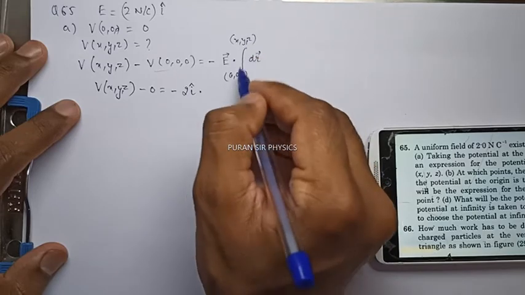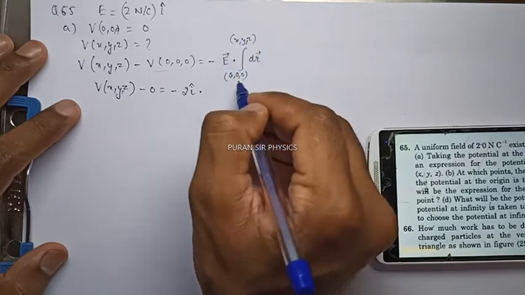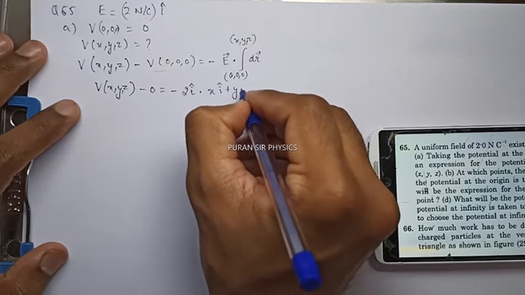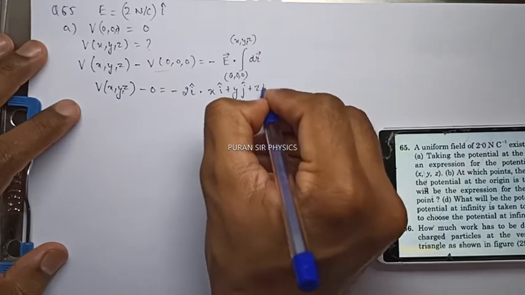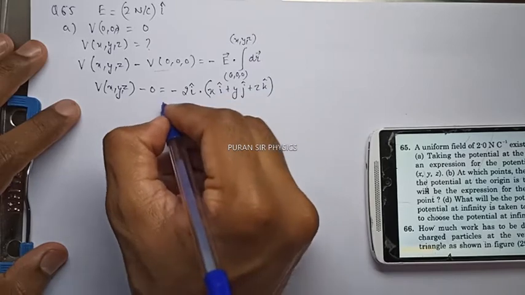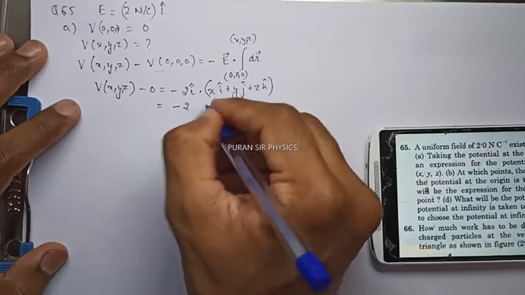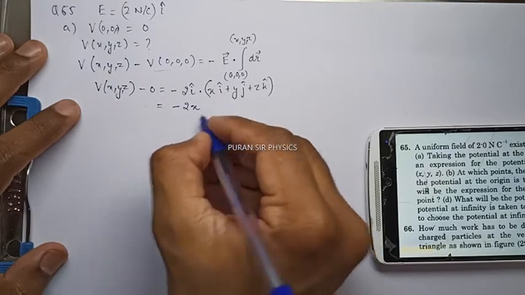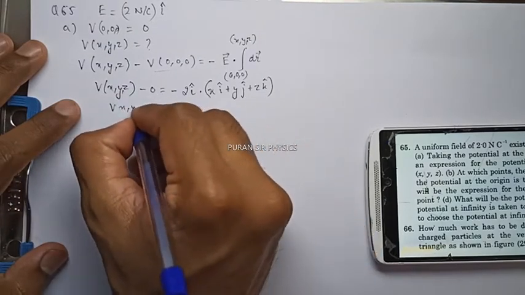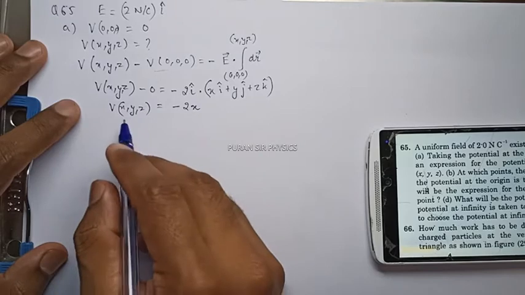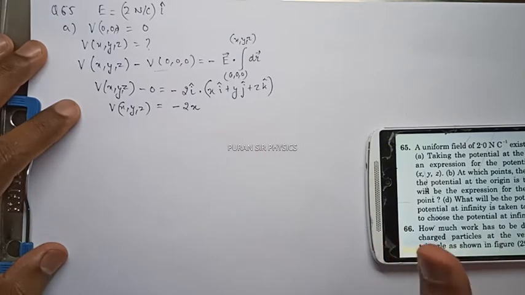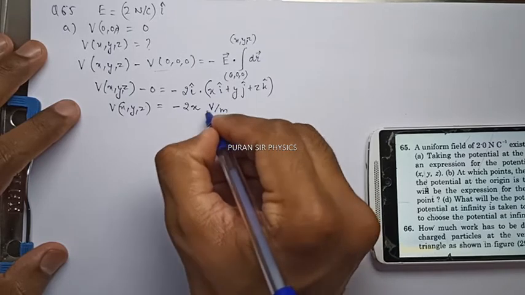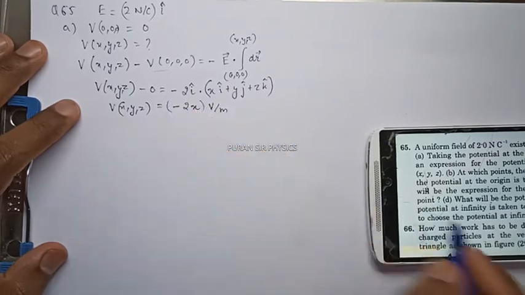Now this integration will be the position vector of this point with respect to origin, so it will be x I cap plus y j cap plus z k cap, and it comes out to be minus 2x. So the potential at a general point will be minus 2x volt per meter. So this is the unit.